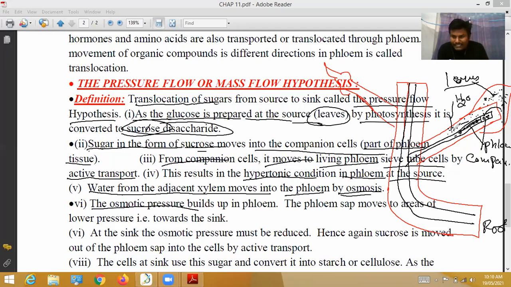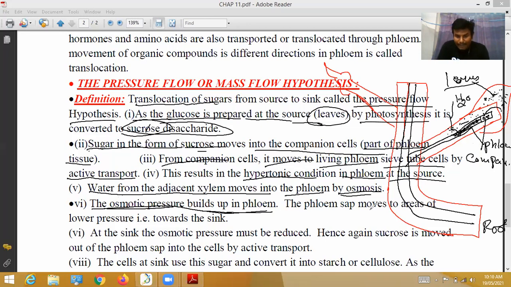We discussed this while discussing osmosis with the thistle funnel: when we apply pressure from the upper side, the water movement is stopped. In the phloem, osmotic pressure builds up.